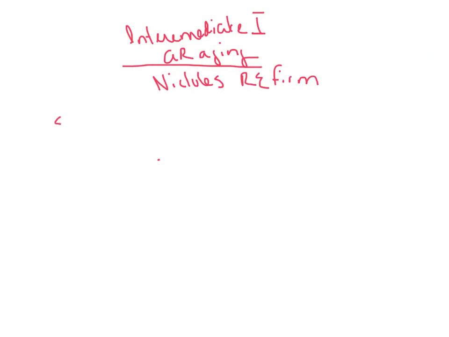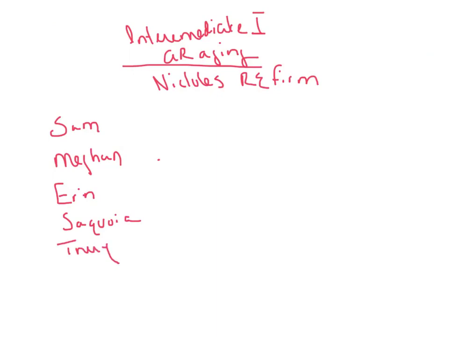So we've got Sam and Megan, Erin, Sequoia, Dewey. Okay, so how this works, if we were to set up an aging report, it has these buckets.